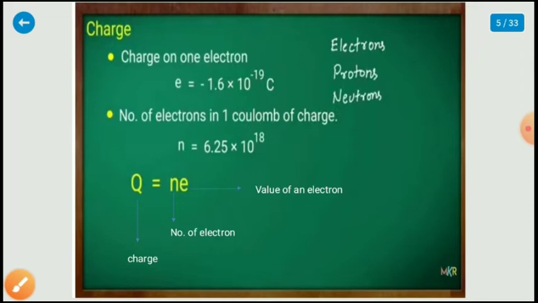Next, the number of electrons in one coulomb of charge is 6.25 into 10 to the power of 19.